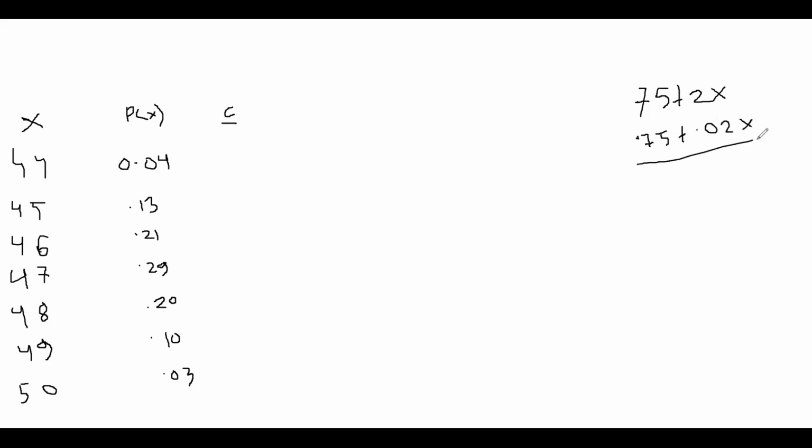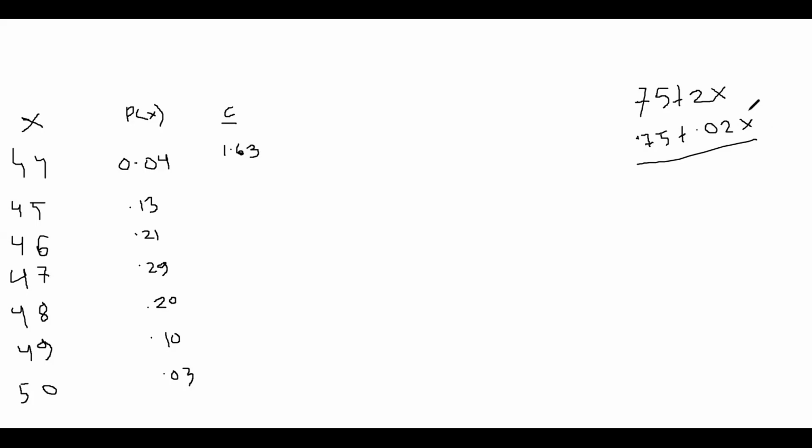So I will use this formula to get the cost for each of the x's. Now 0.75 plus 0.02 times 44. If I do that, I will get the first cost, which is 1.63. I'm repeating it again, how I got the cost. It's 0.75 plus 0.02 times the first x, which is 44.